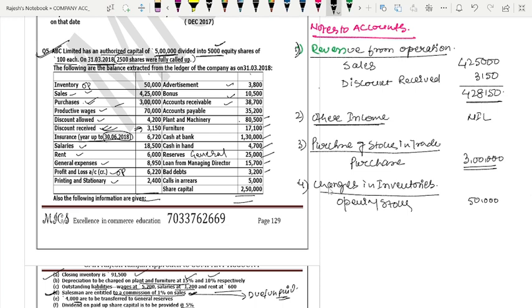Closing stock is 91,500. Okay. Next, employee benefits.